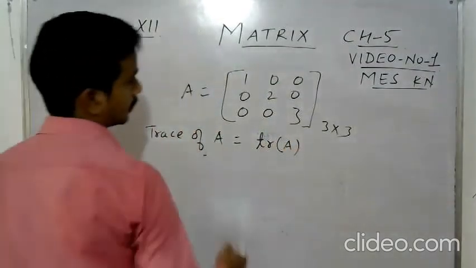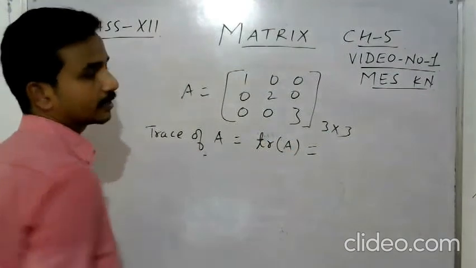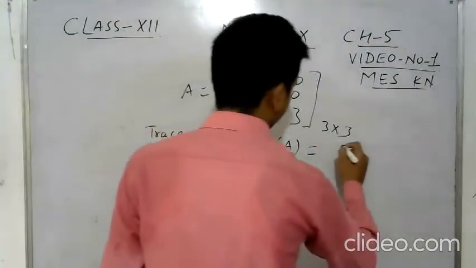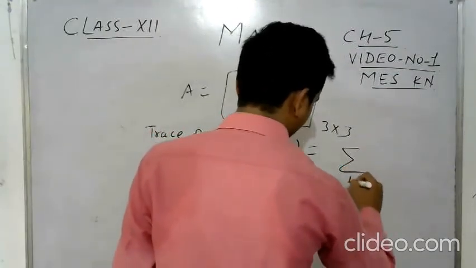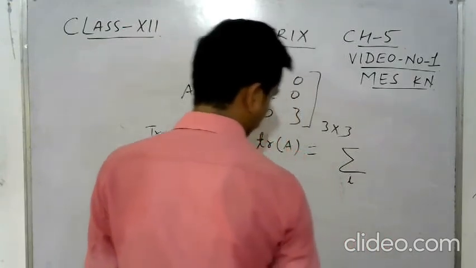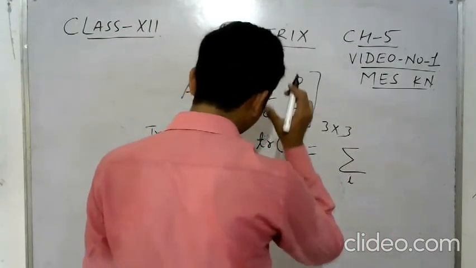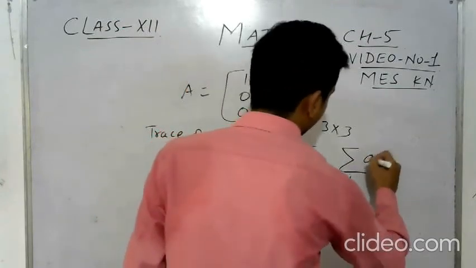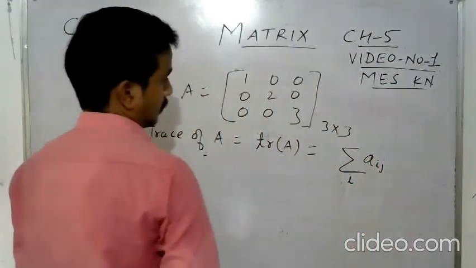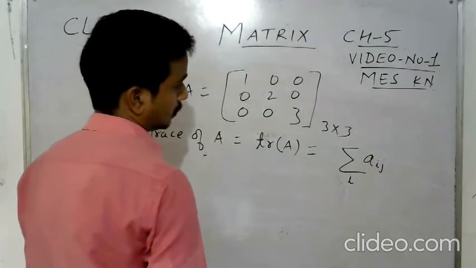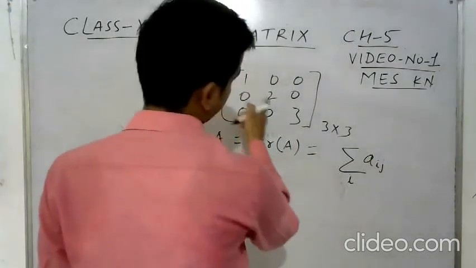The trace of A is equal to the sum of all the diagonal elements, the sum of a_ij.